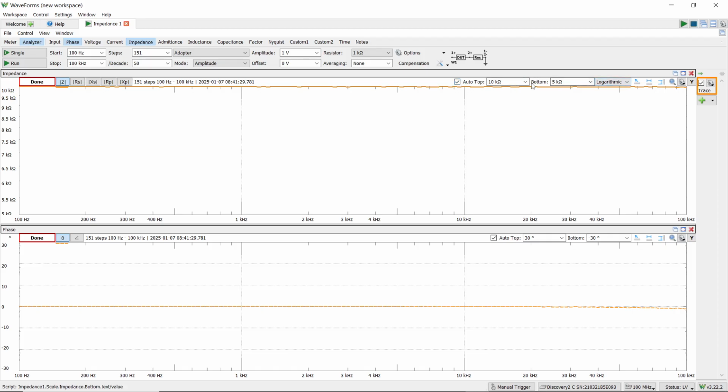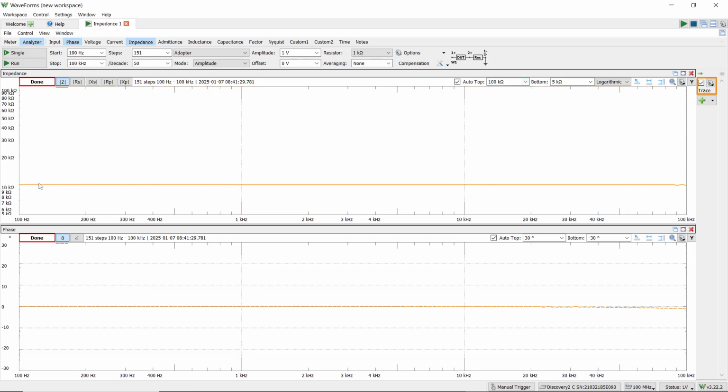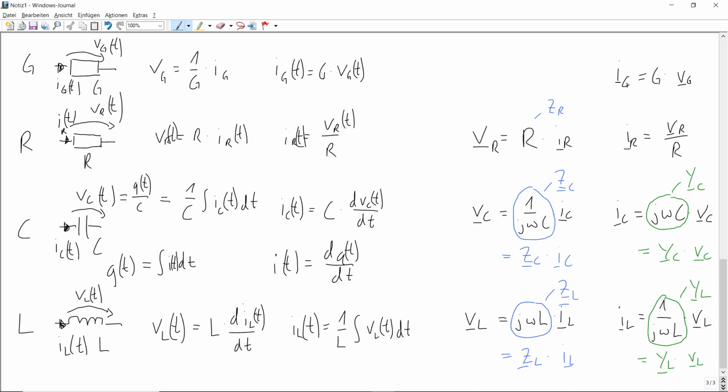It's set to auto scale, but it's obviously not working that nicely. But okay, if we rescale it a little bit, you can see, okay, it's a straight line, and we get 0 degree phase as usual for some resistor, because this is also what our function here tells us.